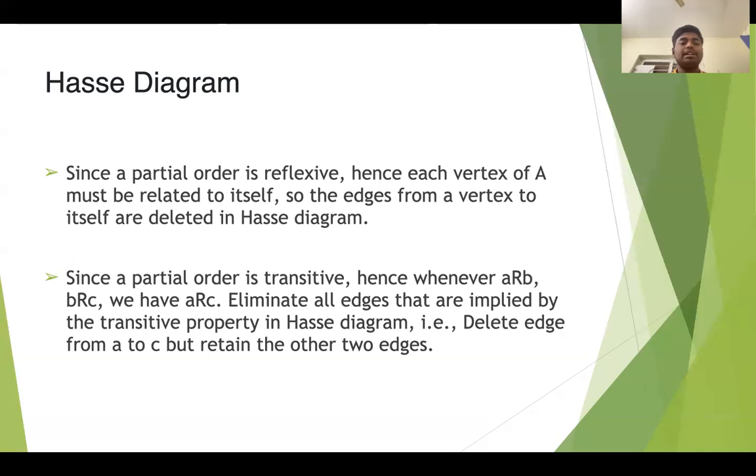Since a partial order is transitive, whenever (a, b) and (b, c), we have (a, c). Eliminate all the edges that are implied by the transitive property in the Hasse diagram. That means delete the edge from a to c, but retain the other two edges.